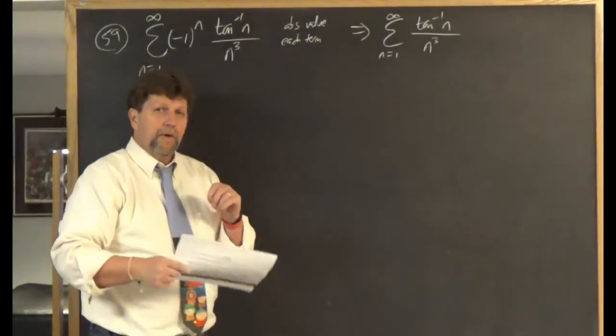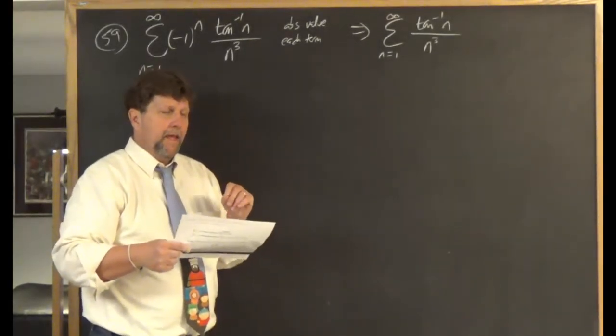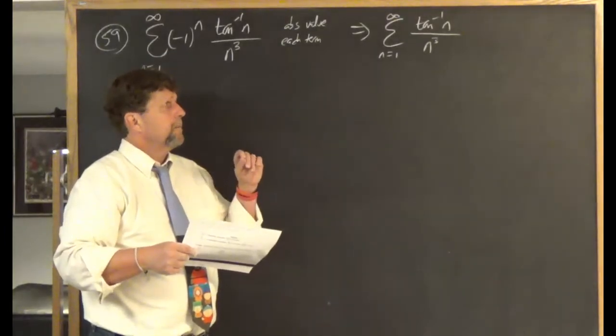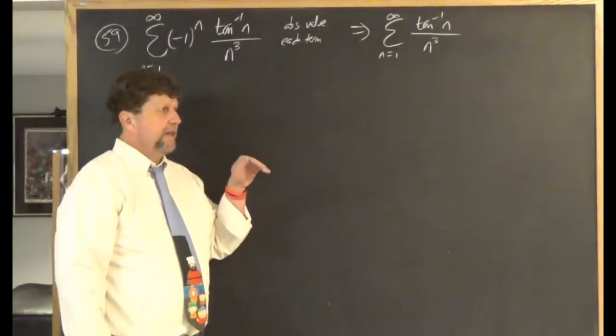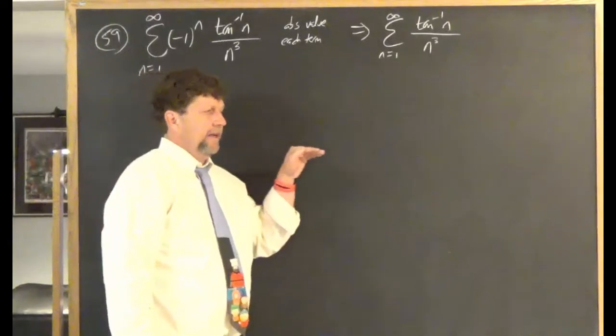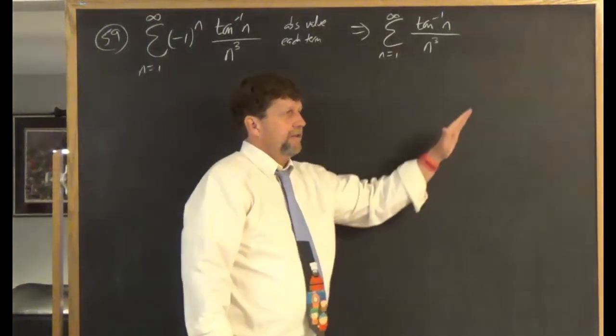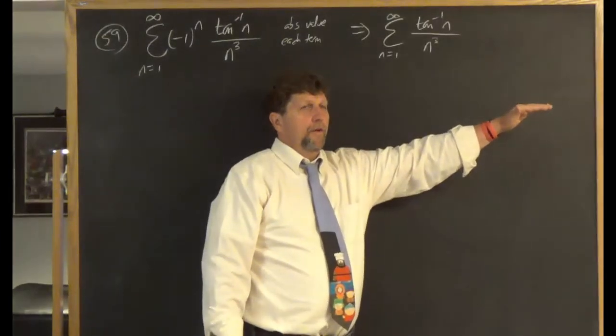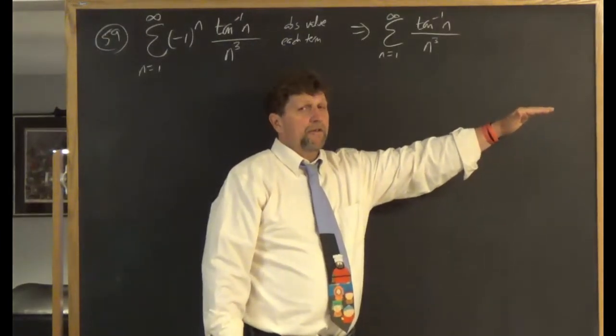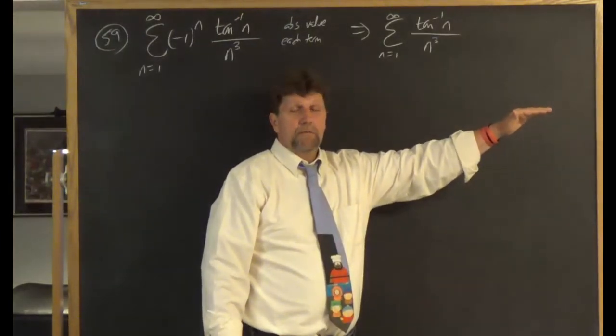So let's start with what we know. As inverse tangent heads off to infinity, we know what its graph looks like. We know the limit as n goes to infinity of inverse tangent is pi over 2.